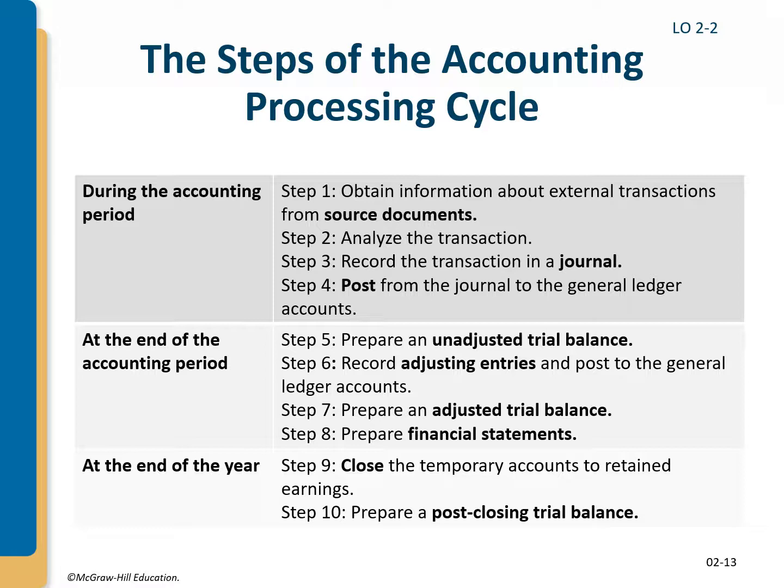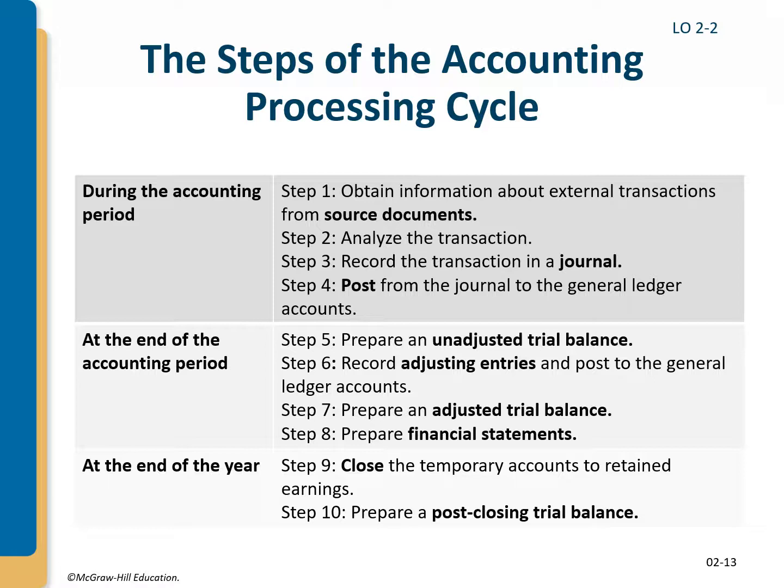And then we'll prepare another trial balance to make sure debits equal credits, the adjusted trial balance. And it is this trial balance that is used to prepare our financial statements. Now, at the very end of the year, this is when we reset or close the temporary accounts to retained earnings through journal entries, closing journal entries.